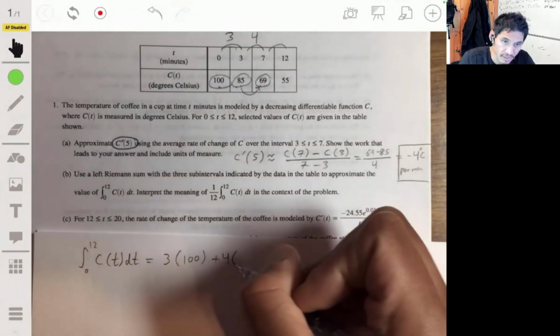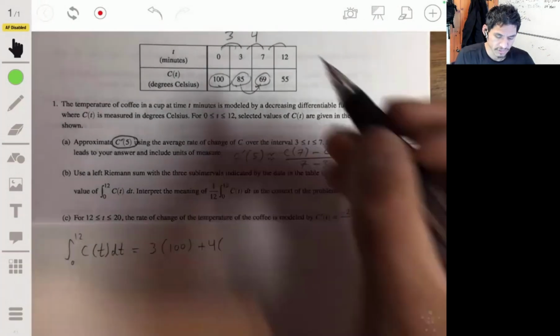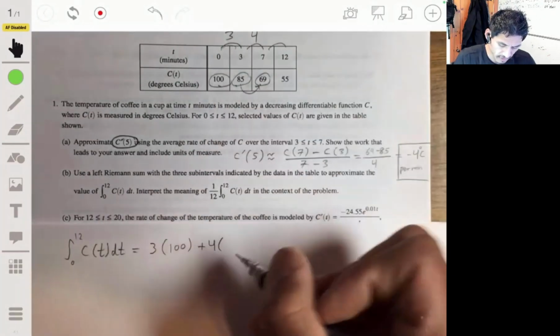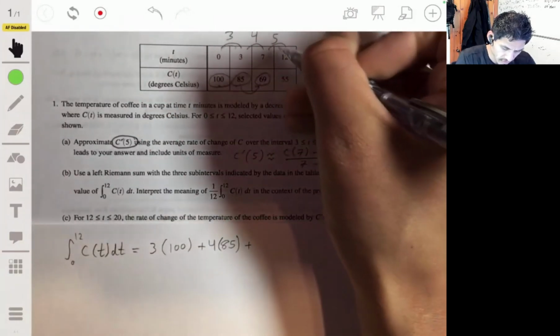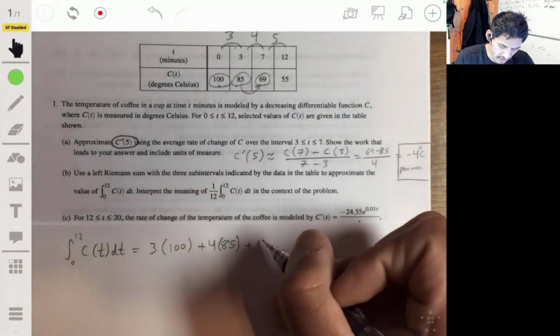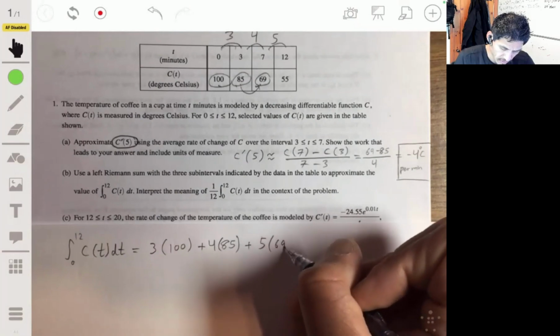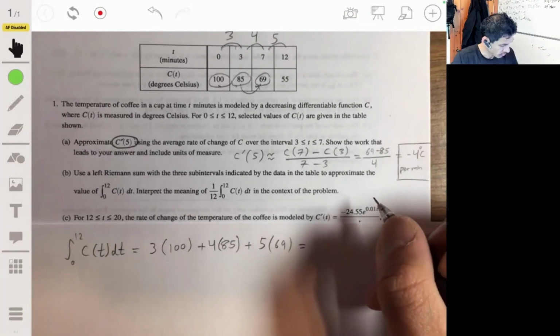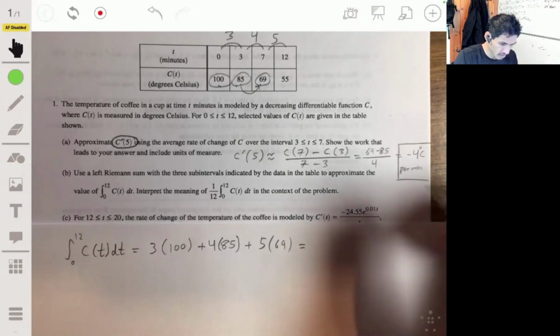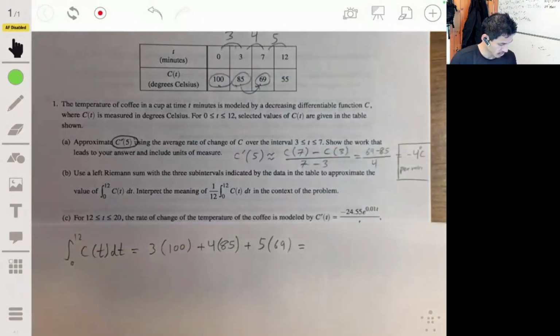So plus 4 times 85 plus 5 times 69. Doing the calculator math, you will get 985.